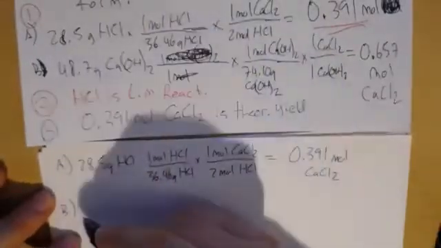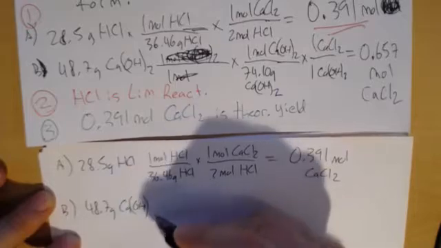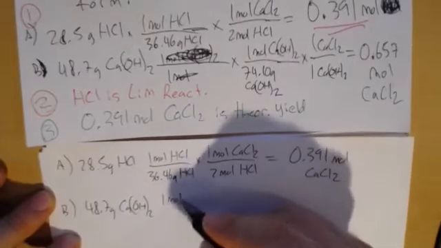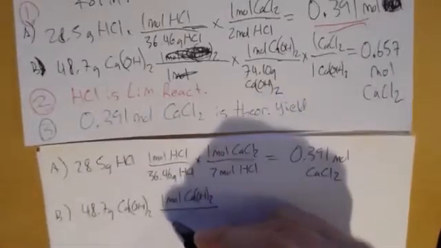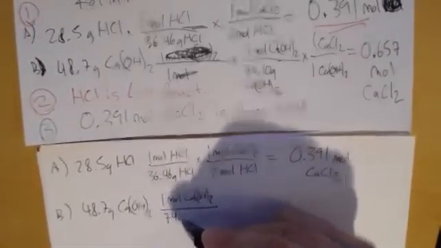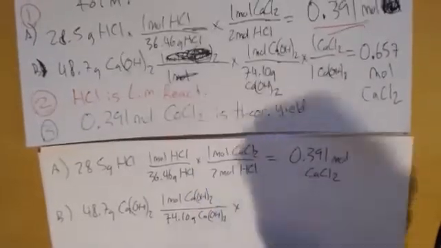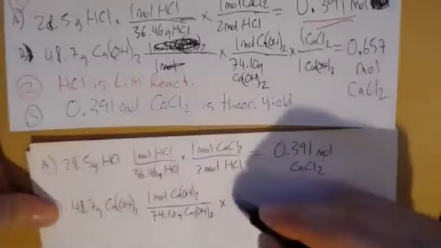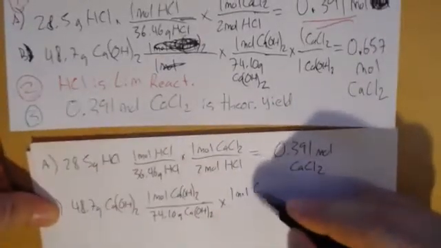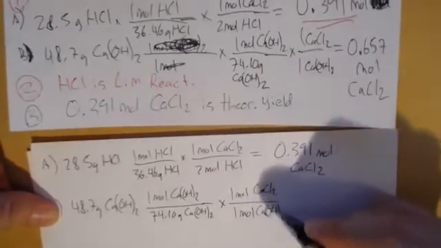Second equation, 48.7 grams of calcium hydroxide, 1 mole of calcium hydroxide over 74.10 grams calcium hydroxide, 1 mole calcium chloride over 1 mole calcium hydroxide.